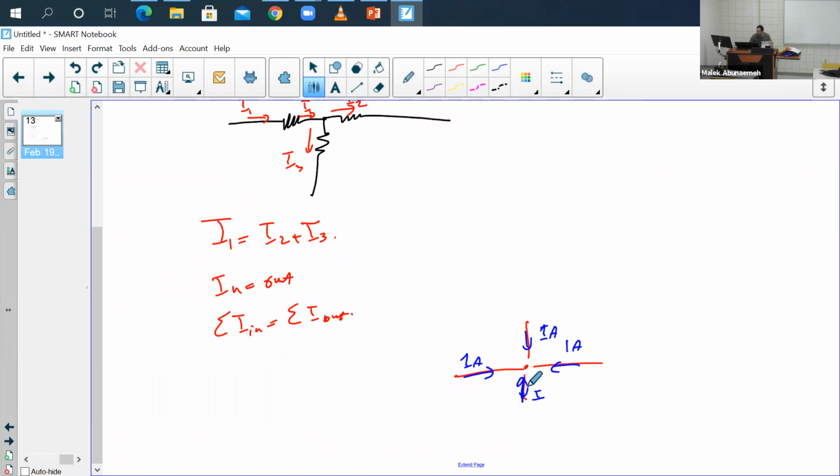Actually, let's go opposite. That means you get your first amp plus your second one plus your third one.